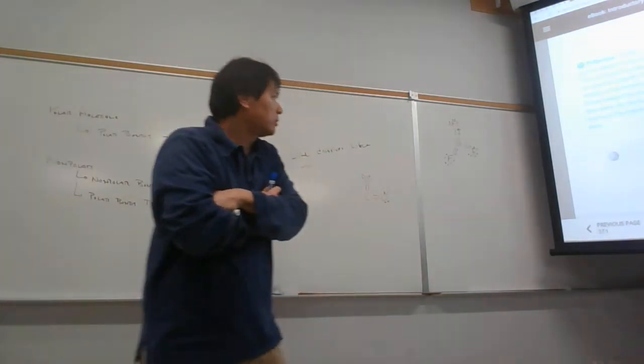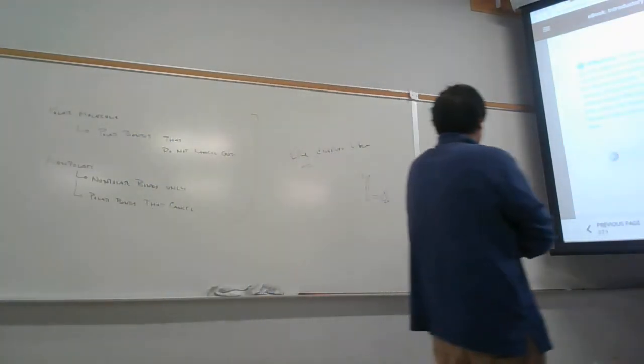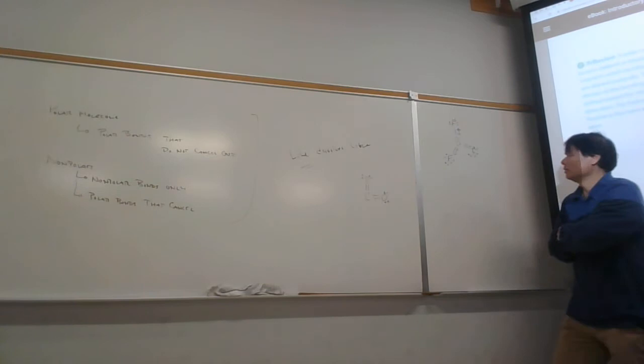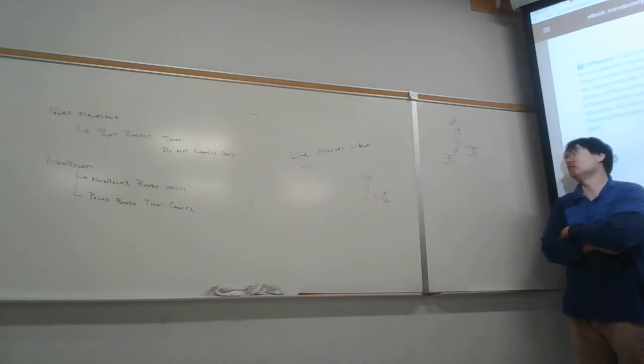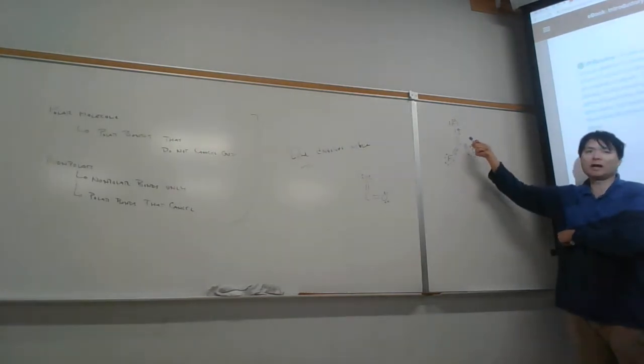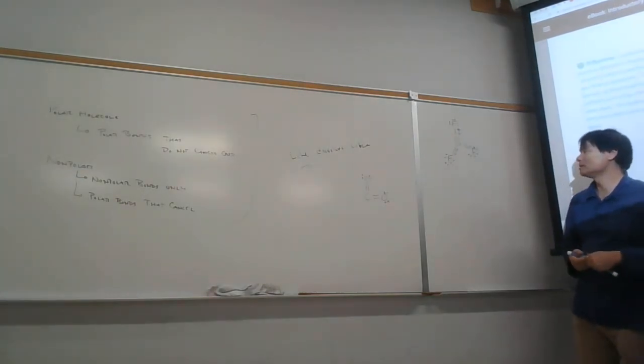The shape is trigonal planar, and the angles are all 120 degrees. So if there's a three-way tug of war, what would the net movement be from boron? None, because in this case they're equal and opposite. They all cancel out. Equal and opposite means non-polar. So BF3 is non-polar.